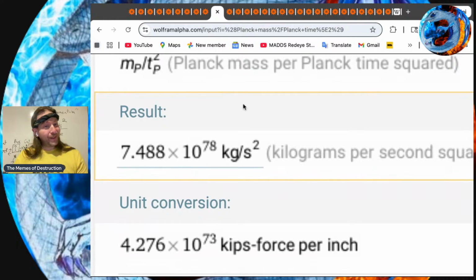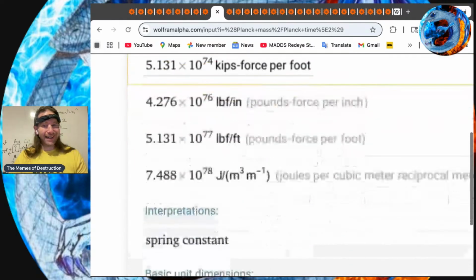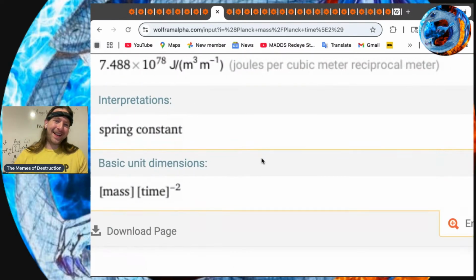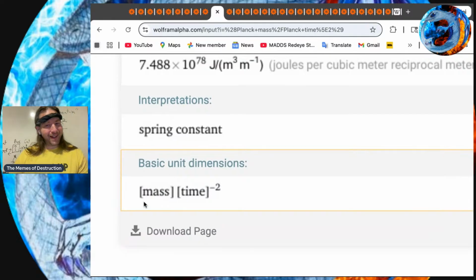For those of us that are paying attention to the units, again, I did not say the units. This is essentially the Planck spring constant. Why? Not that I know, it's just literally what it says. The dimensional framework is mass divided by time squared. All right, that whole spring equation that you had there, and you're like, wait a second, it's going a distance.